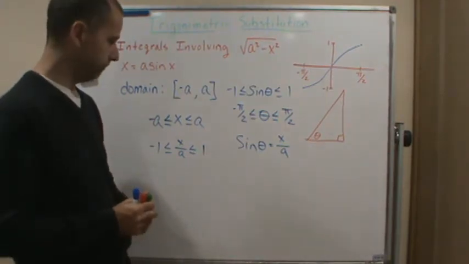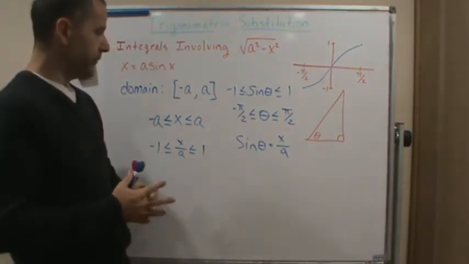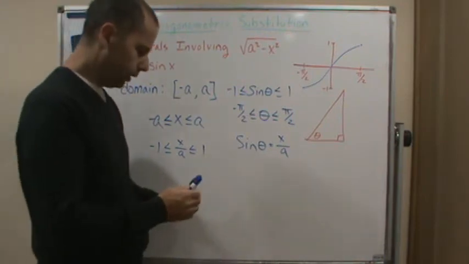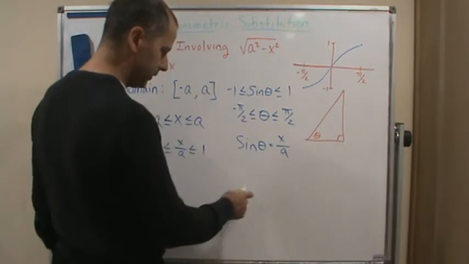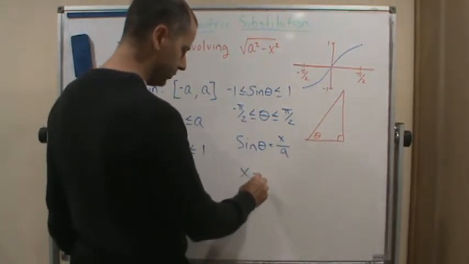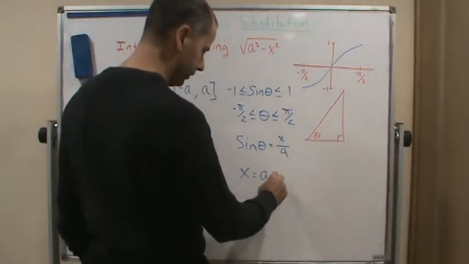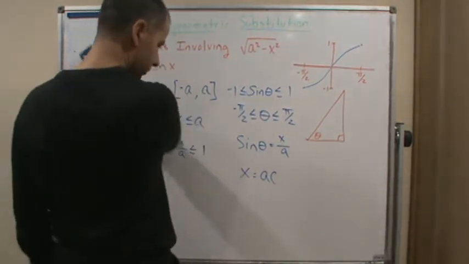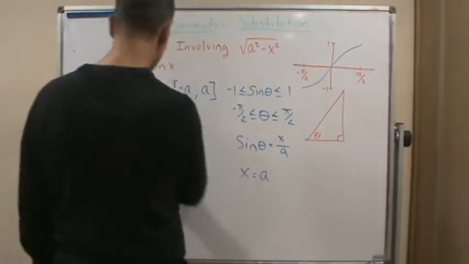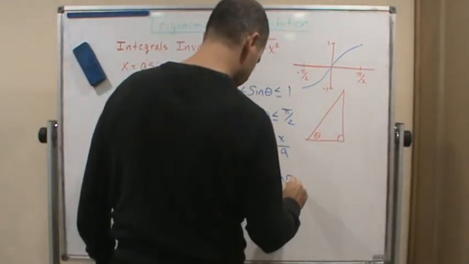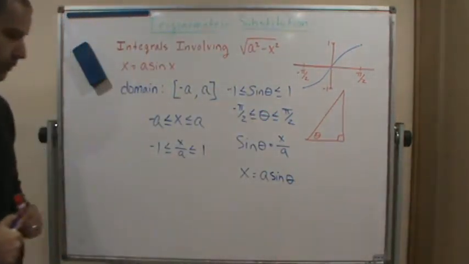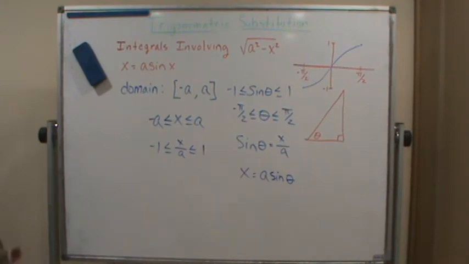Or equivalently, if I multiply both sides by a, look what I get: x equals a sine theta.